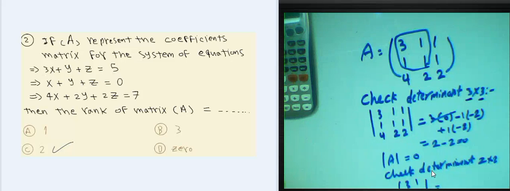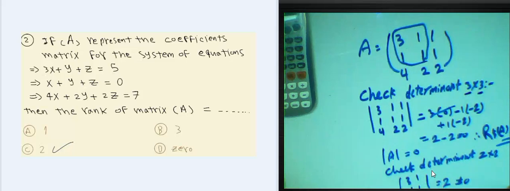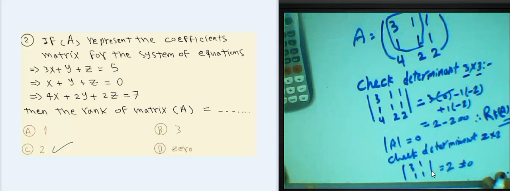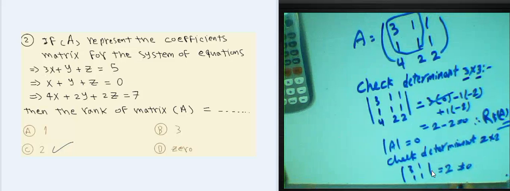It will be 3 minus 1 equal 2, not equal 0. Then the rank of matrix A will be equal 2, because the determinant of the 2 by 2 matrix equals a number not equal 0.